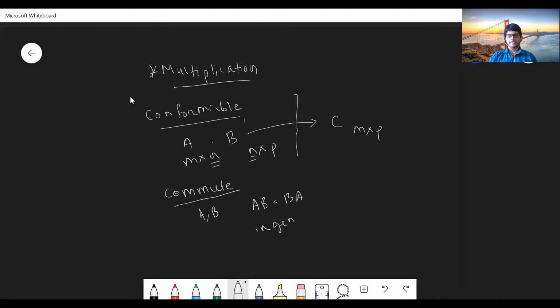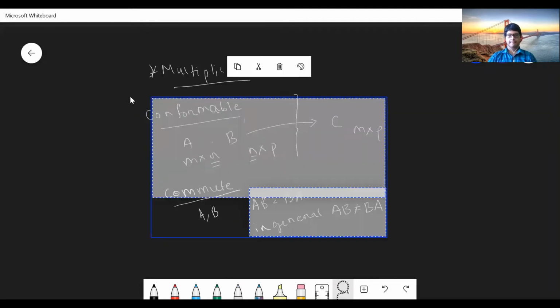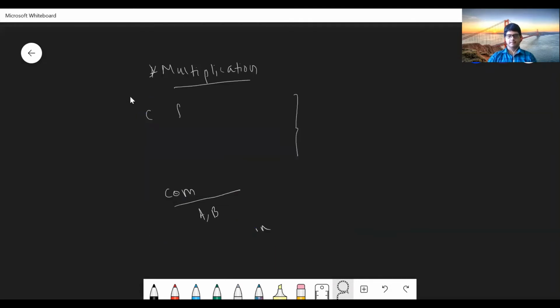So I can also write, in general, AB is not equal to BA. Clear? Handwriting error. So this is all right. Let me clear this stuff.